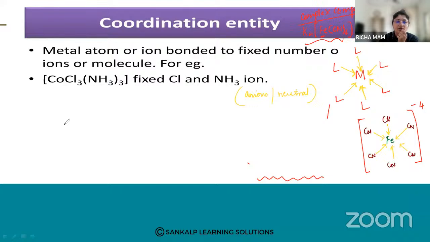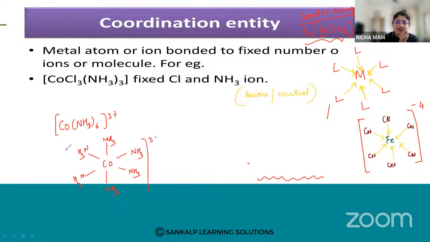For example, Co(NH3)6 3+. So cobalt is bonded to 6 NH3. This fixed number of ligands bonded to the central metal is called the coordination entity.